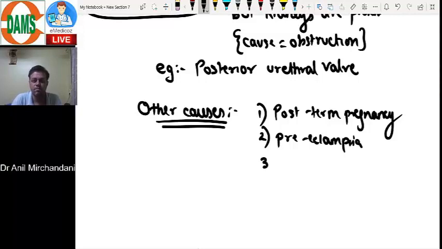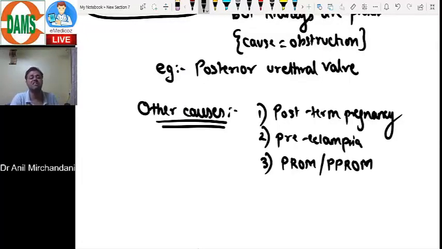Then PPROM. You have understood about post-term pregnancy. Aging, placental calcification would be there in post-term pregnancy. Preeclampsia, because there is uteroplacental insufficiency in preeclampsia as well. So there will be oligohydramnios. PROM, PPROM, there is leaking fluid per vagina.